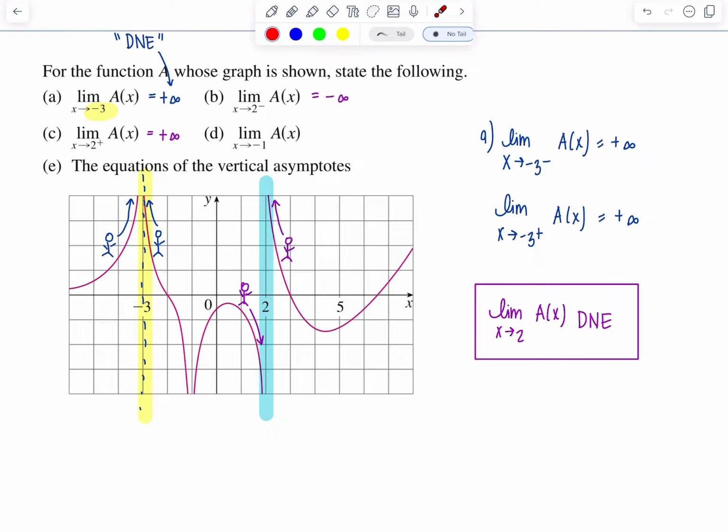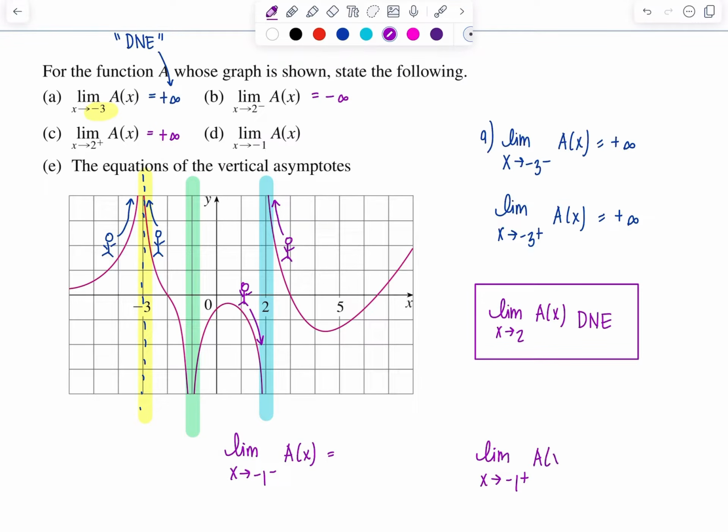One more. What's the limit as x approaches -1 of a of x? So where's -1? It's over here. Let's check both sides first. They didn't ask us. So what's the limit as x approaches -1 from the left? And then what's the limit as x approaches -1 from the right? Let's see.